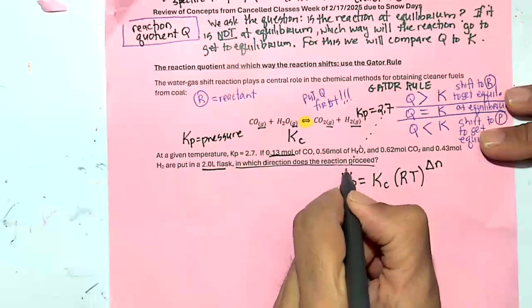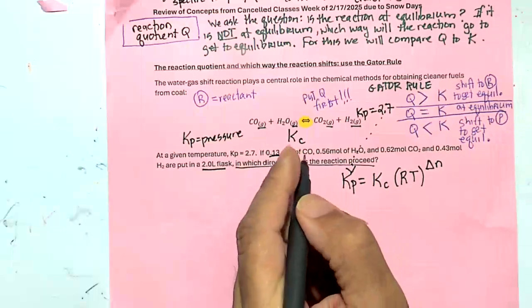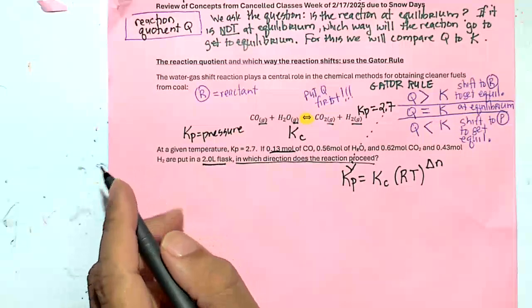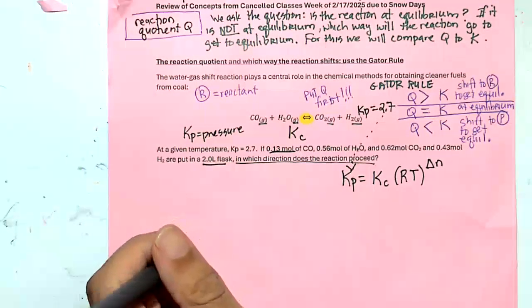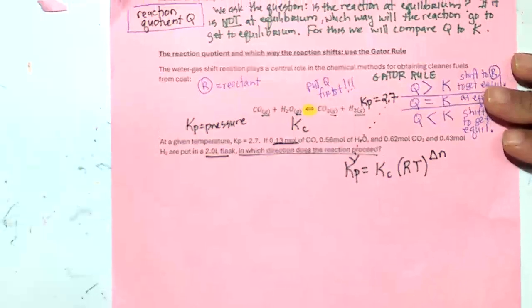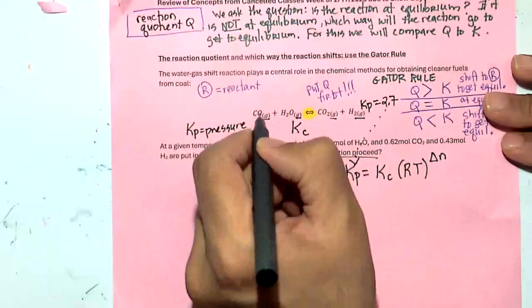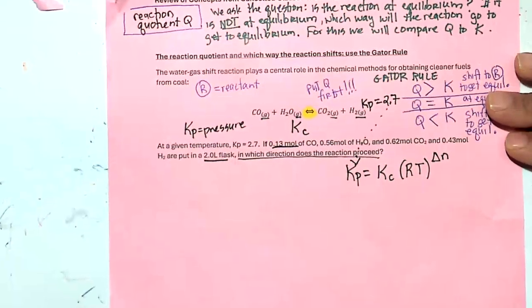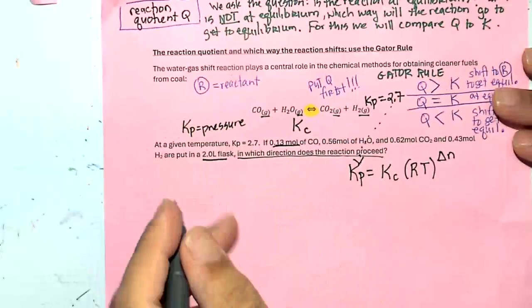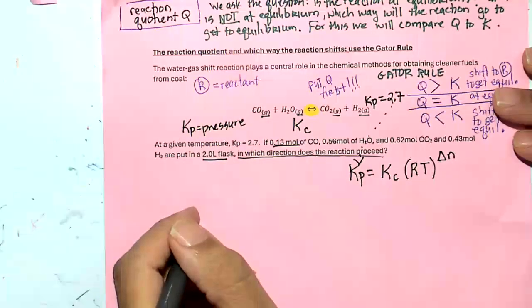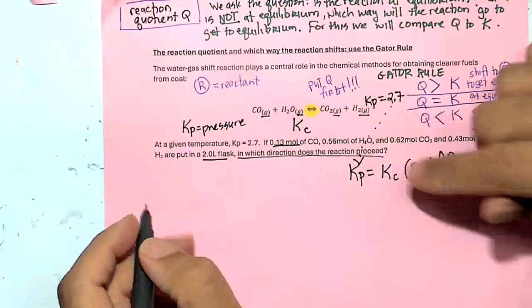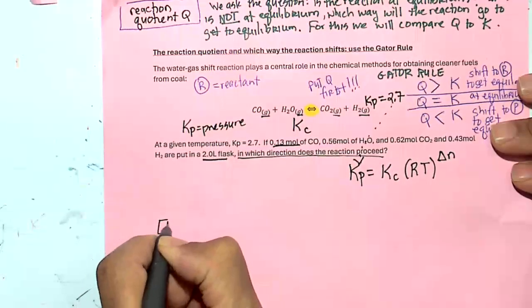All right, we already got Kp, but we need to get Kc for this. All right, let's calculate the concentrations first. We'll first do the concentration of, is this balanced? Yes, it's balanced. Okay, good. All right, let's do the concentration of H2 here.